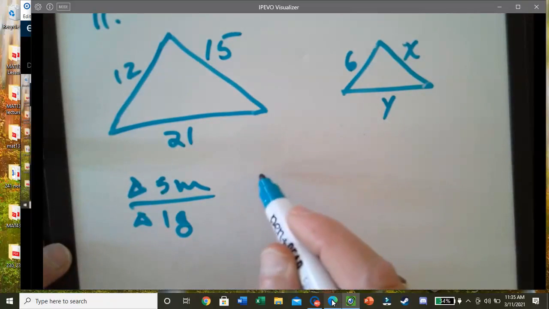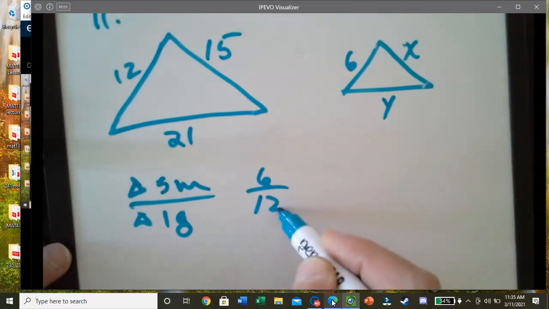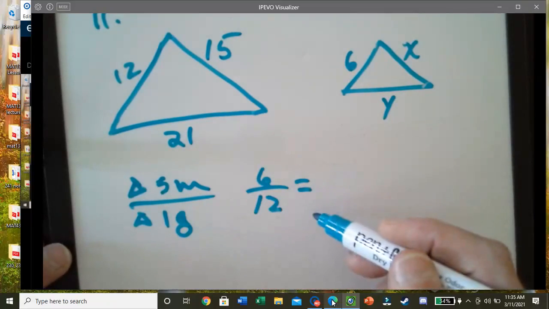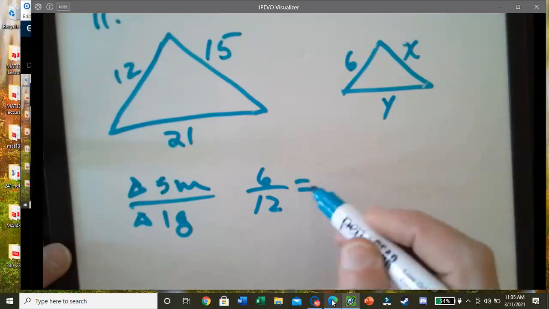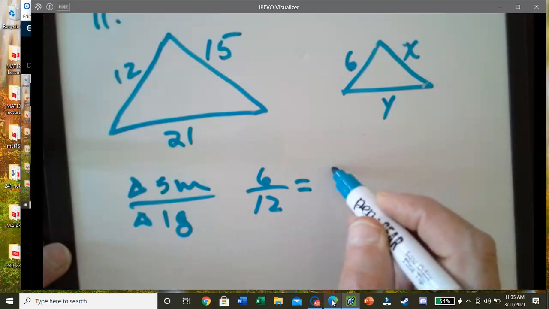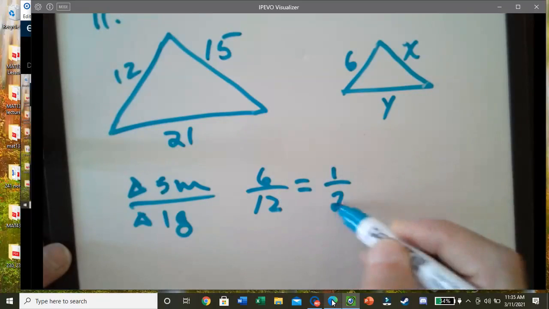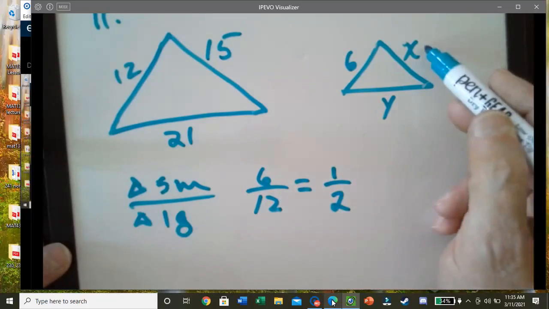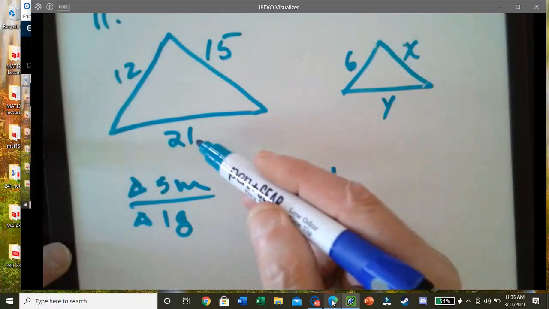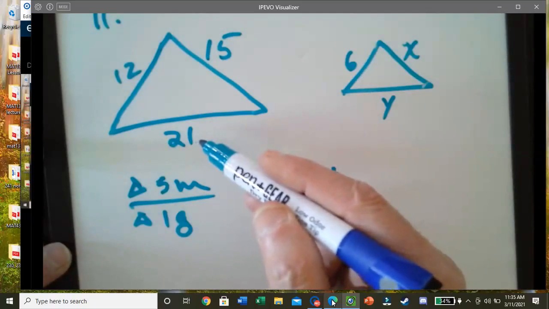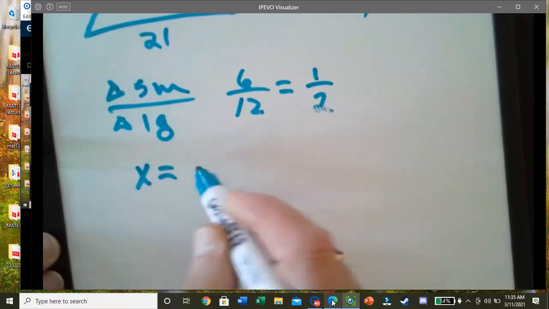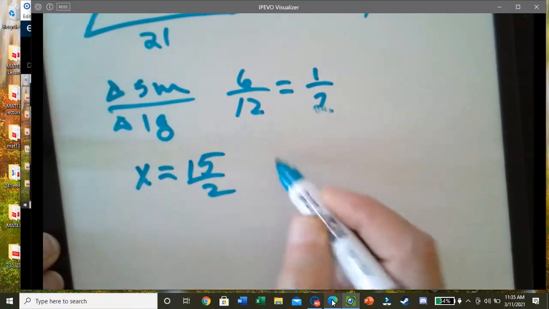So that would be 6 over 12. What's 6 divided by 12? It's 1/2. So that means x is going to be 1/2 of 15 and y is going to be 1/2 of 21.